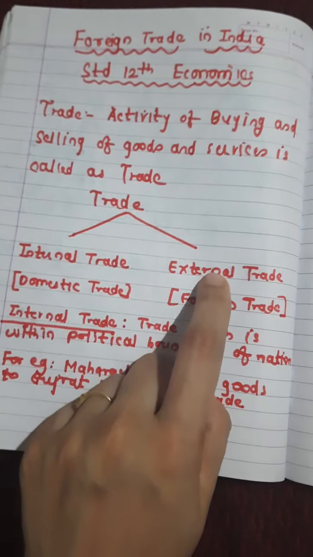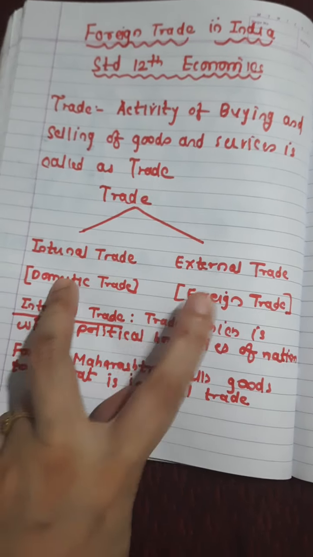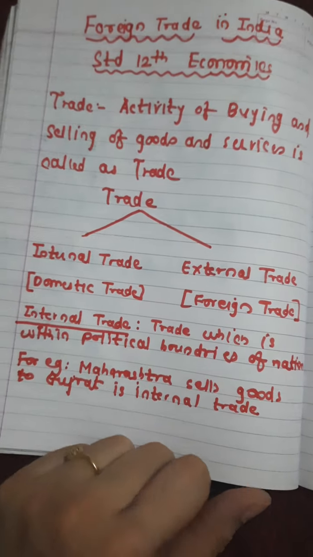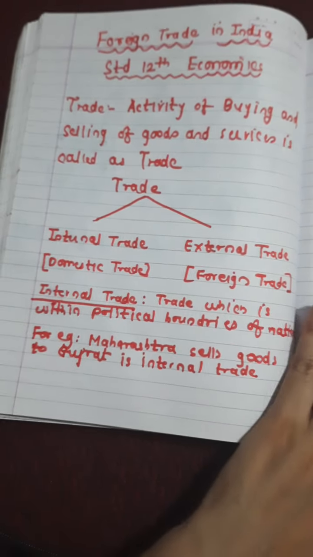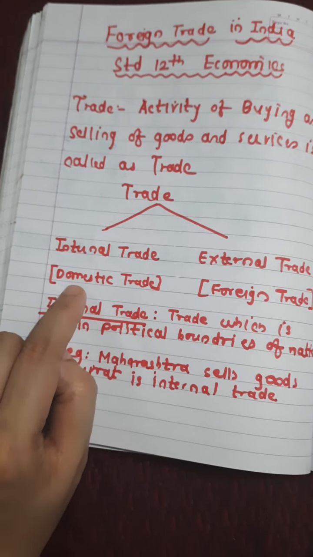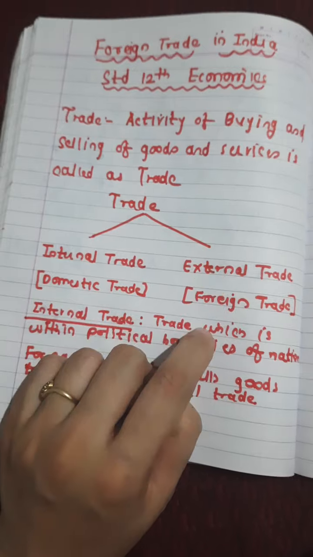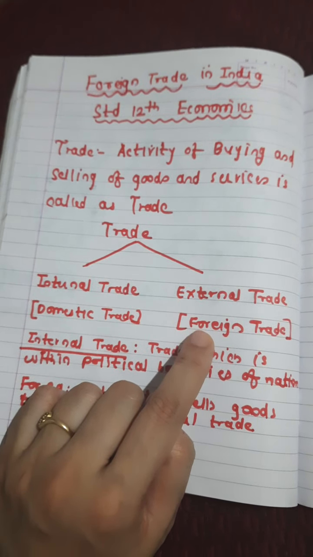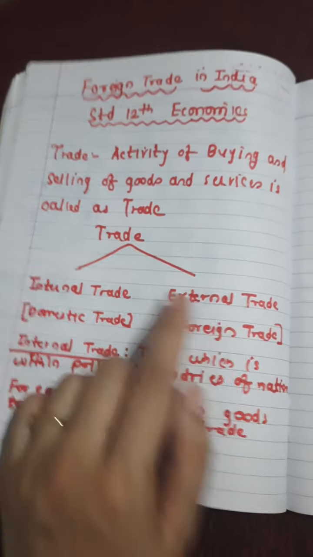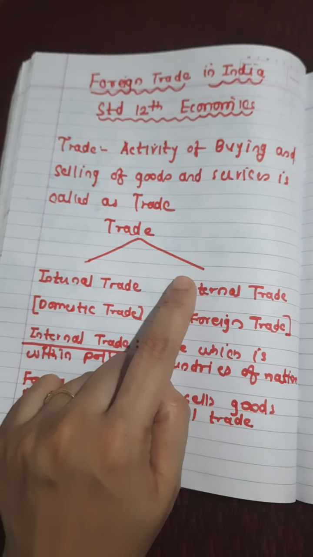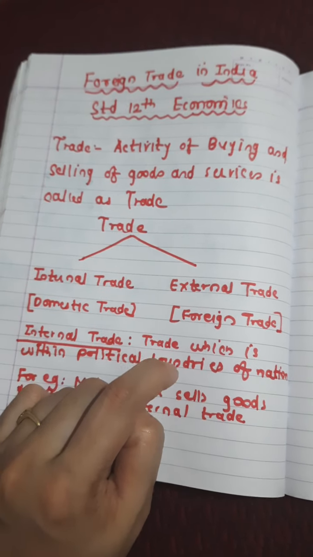Trade is divided into two types, internal trade and external trade. Internal trade is also called domestic trade. And external trade is also called foreign trade or international trade. So there are three names: external trade, foreign trade, international trade.